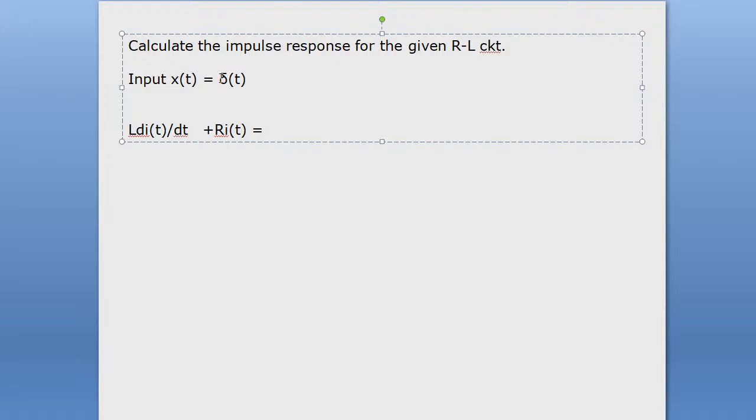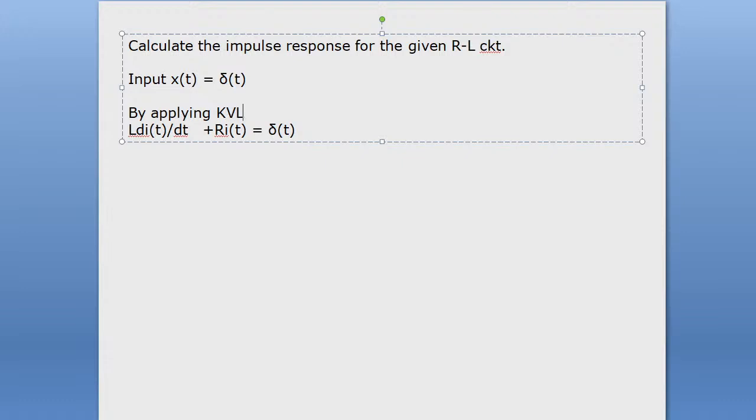Your input is a delta function, so you write delta of t. Everyone first write the first order differential equation for the given circuit by applying KVL.